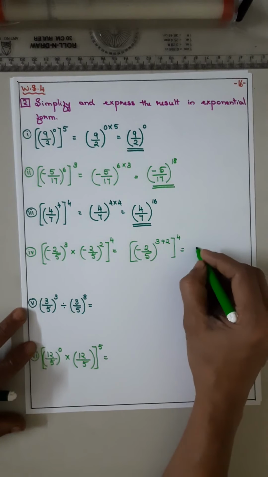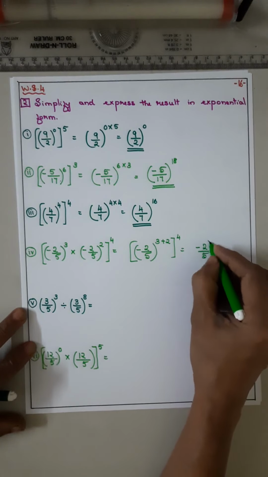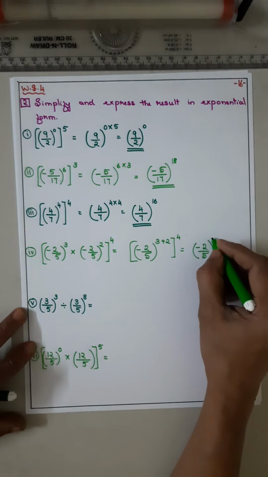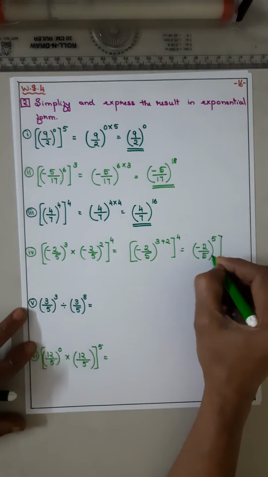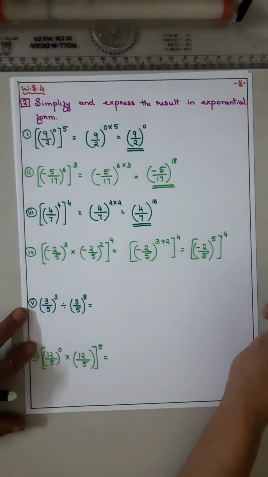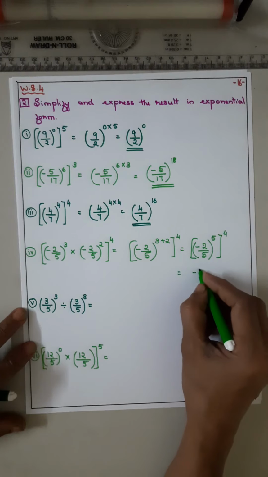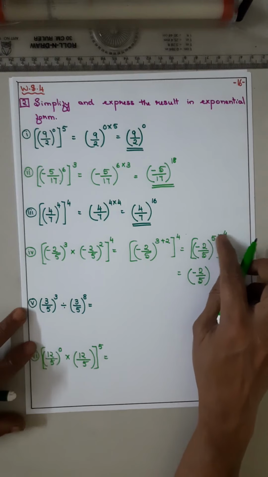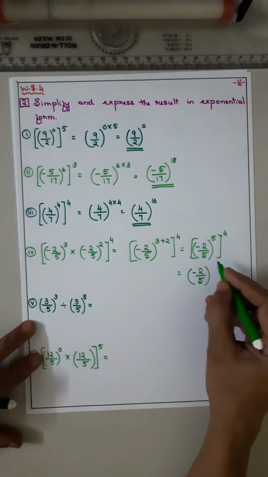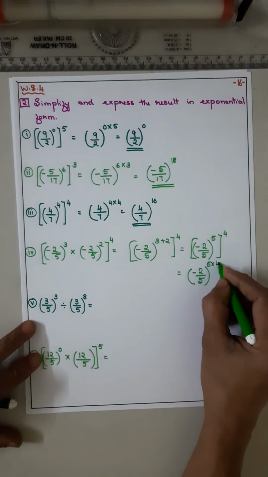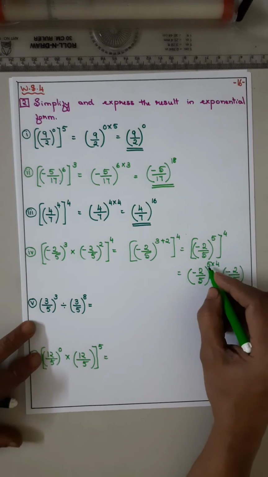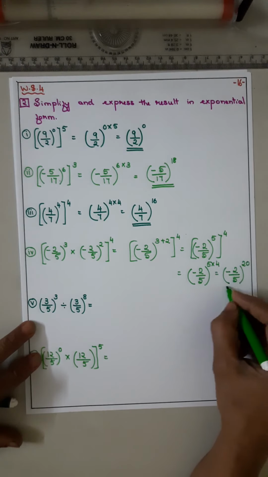So this becomes minus 2 by 5, the whole raised to 3 plus 2 is 5, again raised to 4. Now the step is minus 2 by 5, the whole raised to... now the bracket is there. That means what? Multiply 5 into 4. So our final answer is minus 2 by 5, the whole raised to 5 4s are 20.